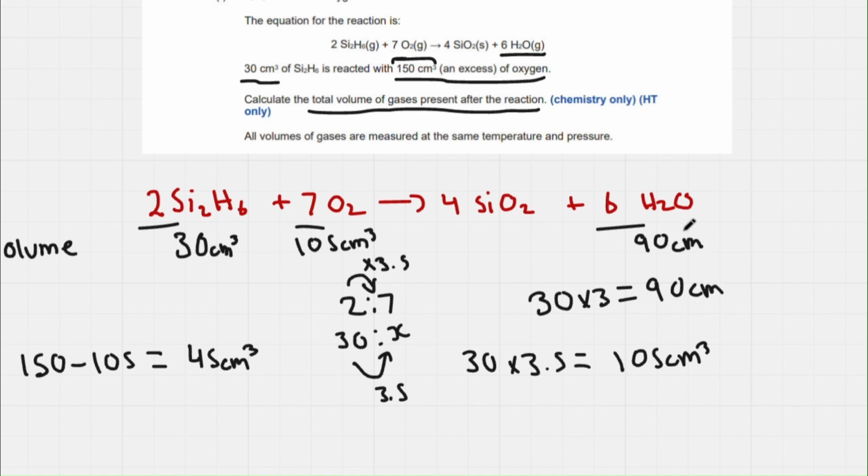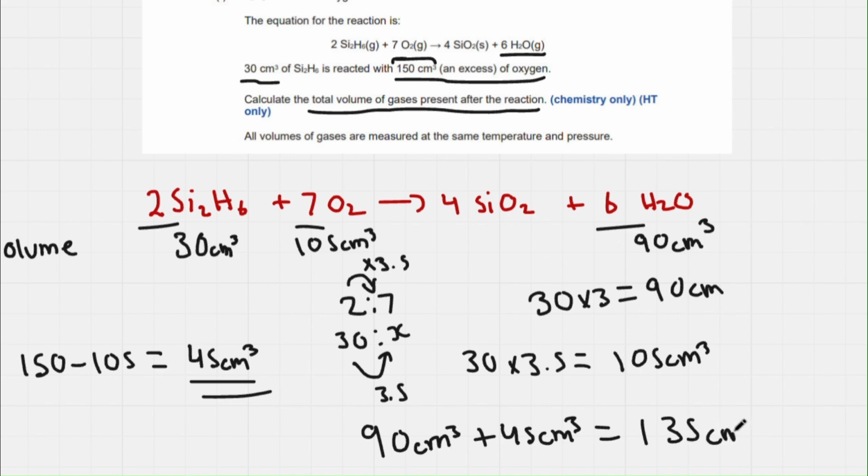So the volume of water vapor that we have produced is 90 cm³, which adds on to the 45 cm³ of oxygen left. So 90 cm³ add 45 cm³ gives us 135 cm³. And that is how you find out the total volume of gases present after the reaction.